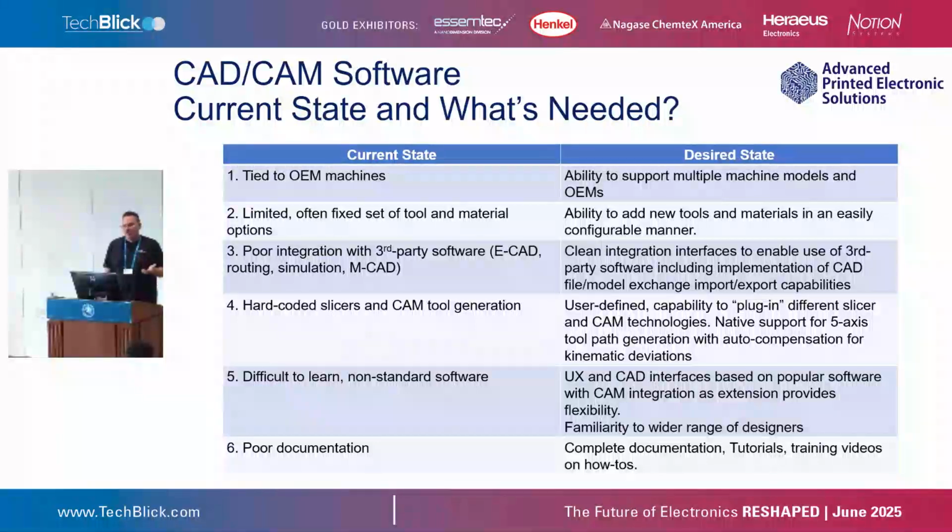In the area of slicers and CAM tool generation, they tend to be tightly integrated, and there's not a lot of ability to have pluggable slicers and CAM configurations. The software, each one is different. There's a learning curve associated with them, and sometimes the documentation is poor, in some cases not even existent.